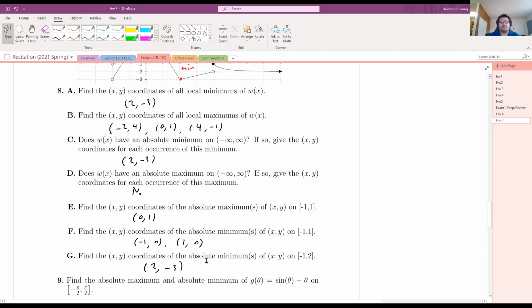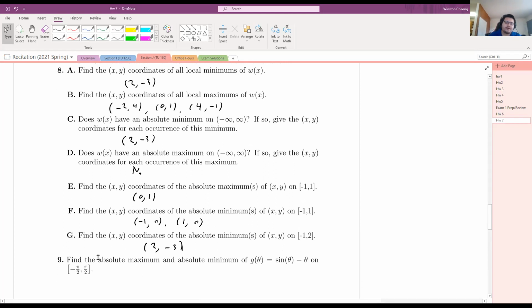So this is saying that the absolute min or max depends on the window that you're considering. And that comes into play when we do the calculations that are very typical for this section.